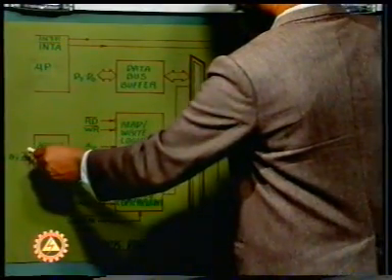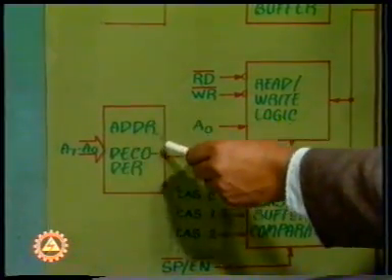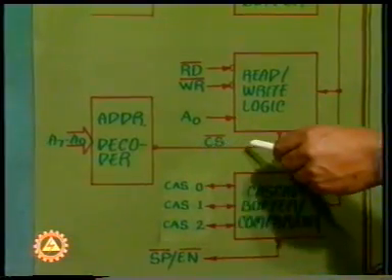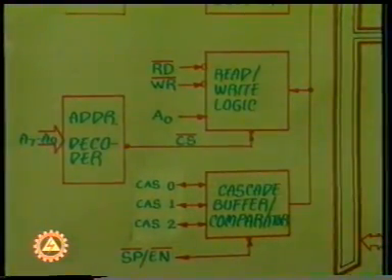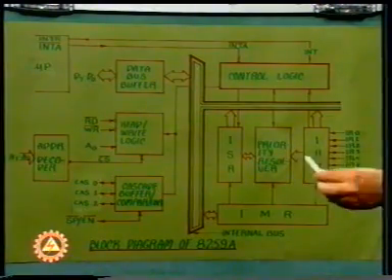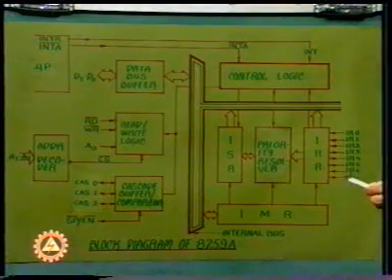The rest of the bits of the address are decoded by the address decoder, and the output of the address decoder is connected to the CS line of the controller. Thus, CS and A0 determine the addresses of the internal ports of the controller.